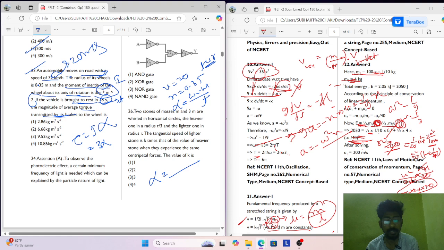Sorry, finally when the brake is applied, so this will be omega 1 minus omega 2. So omega 1 is what? Omega 1 is equal to V by R, and divided by T. So V is 20, R is 0.35, and T means 18. So 20 divided by 0.35 into 18.